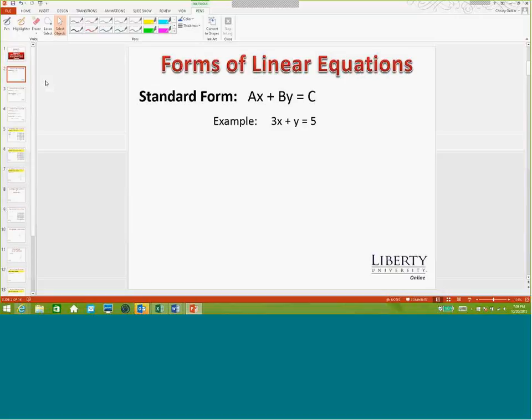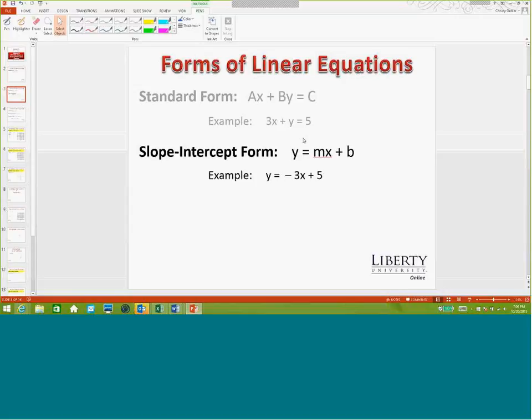Standard form usually is when your x and y terms are on one side and your constant number is on the other, there are no common factors, and your a is not negative, as a rule. So here's an example of a linear equation that's in standard form. We see the 3x plus y is on one side and the constant number 5 is on the other.